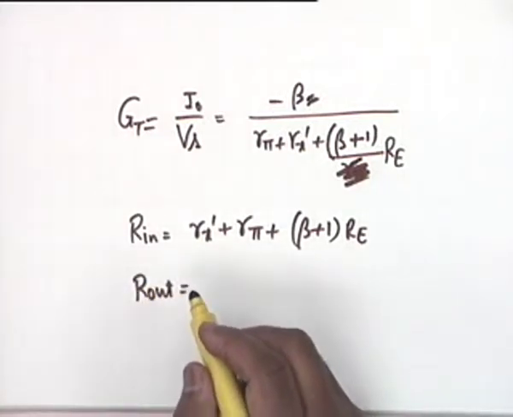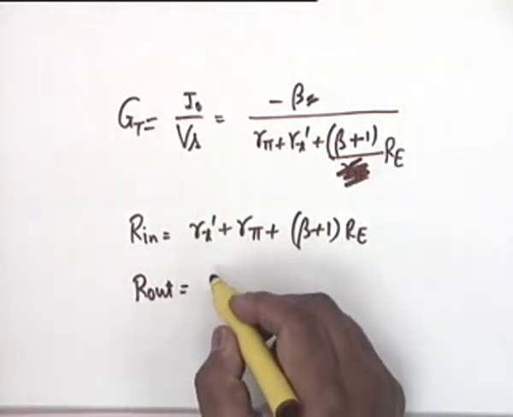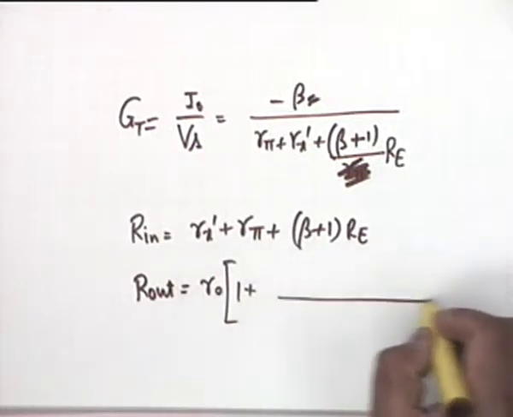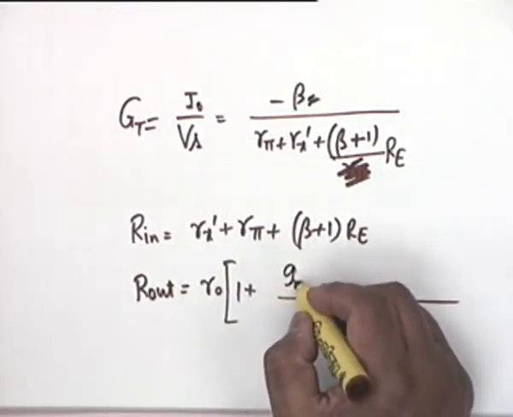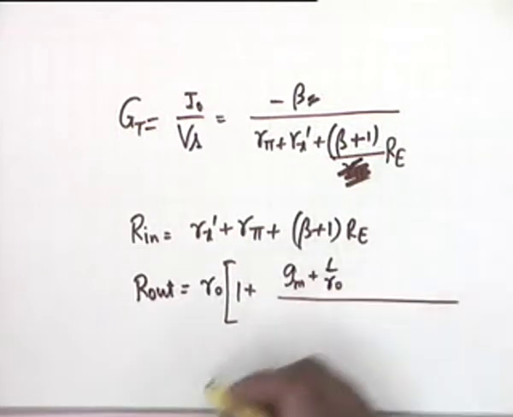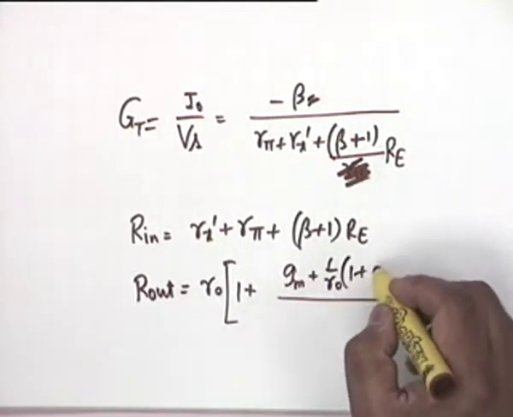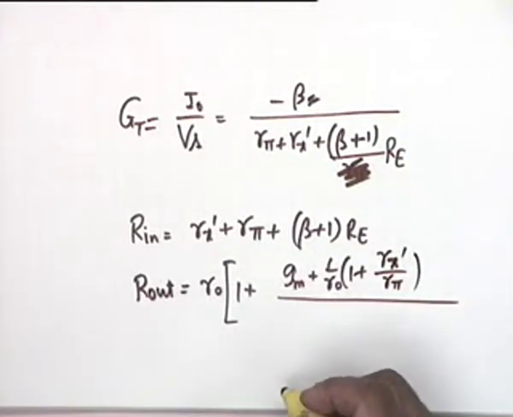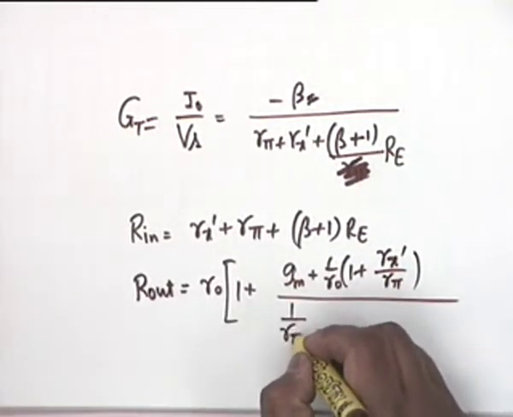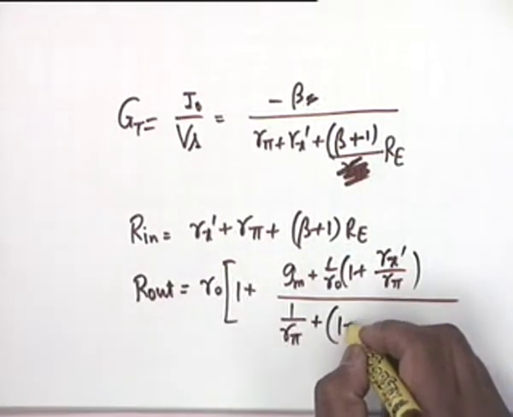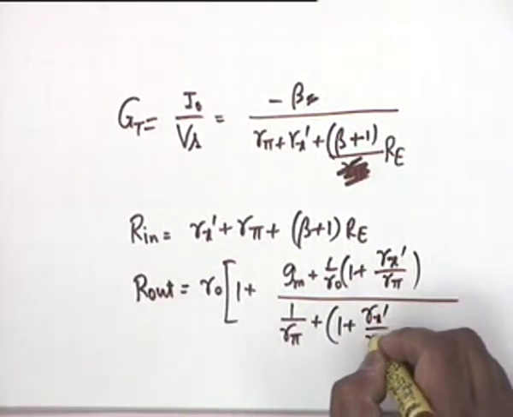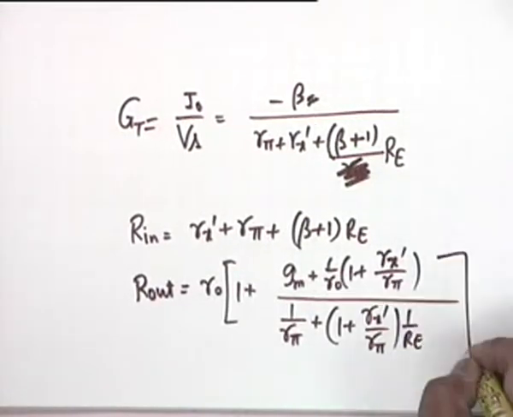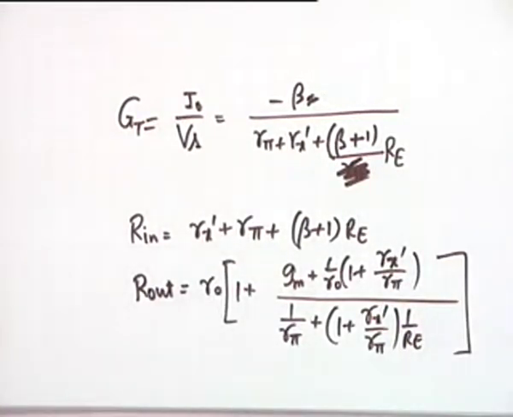We had to make this calculation, and the exact expression is R0 times 1 plus Gm plus 1 over R0, 1 plus Rx prime divided by R pi, and in the denominator 1 by R pi plus 1 plus Rx prime divided by R pi multiplied by 1 by Re. This was the exact expression.